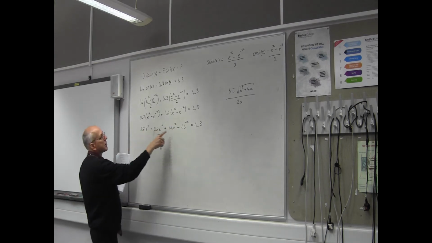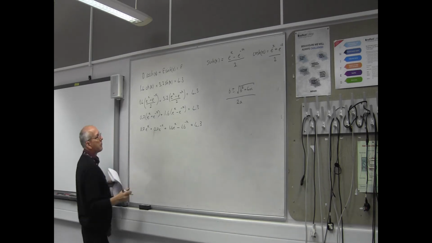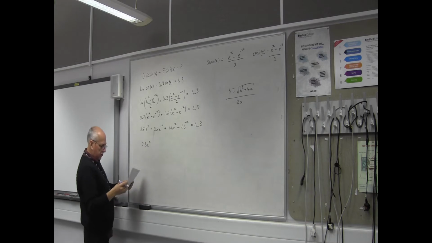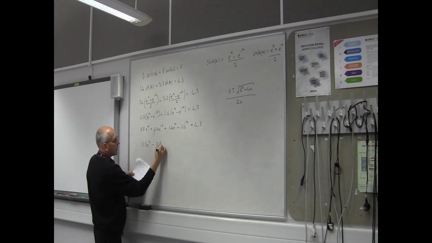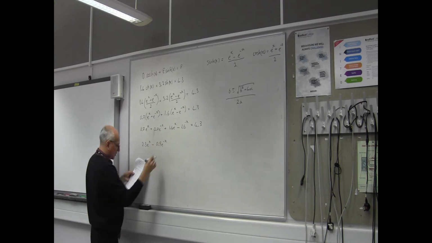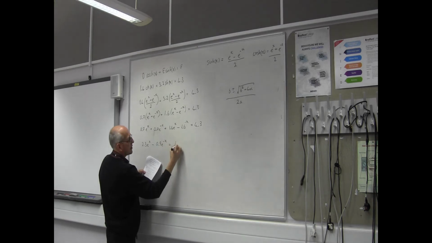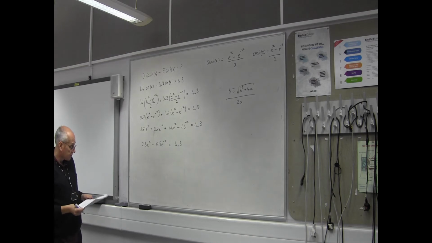So if I add that to that, add that to that, which is going to be a minus sign, I'm going to get 2.3 e to the x. I trust my maths that much, I'm just going to take it off here. Minus 0.9 e to the minus x, so that's those like terms added, equals 4.3. It's certainly getting simpler anyway, if nothing else.